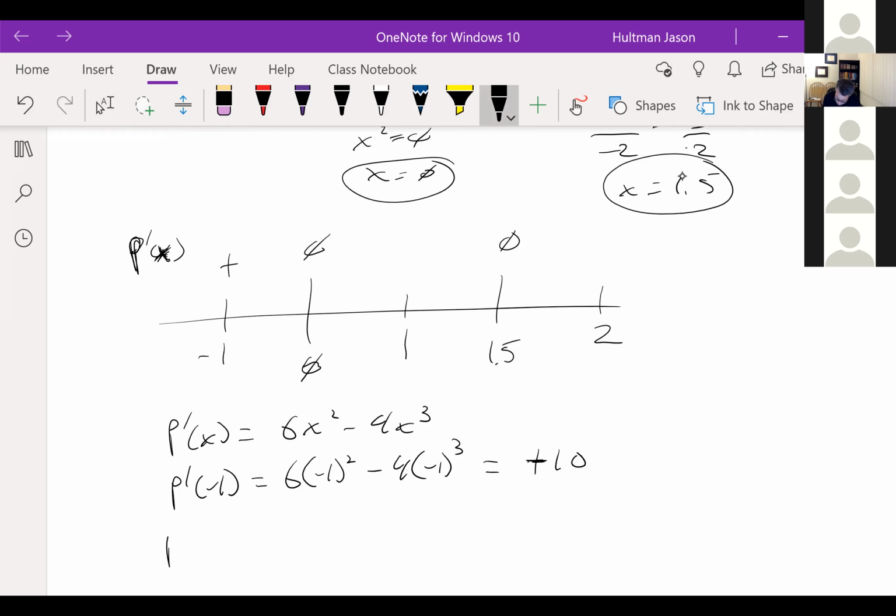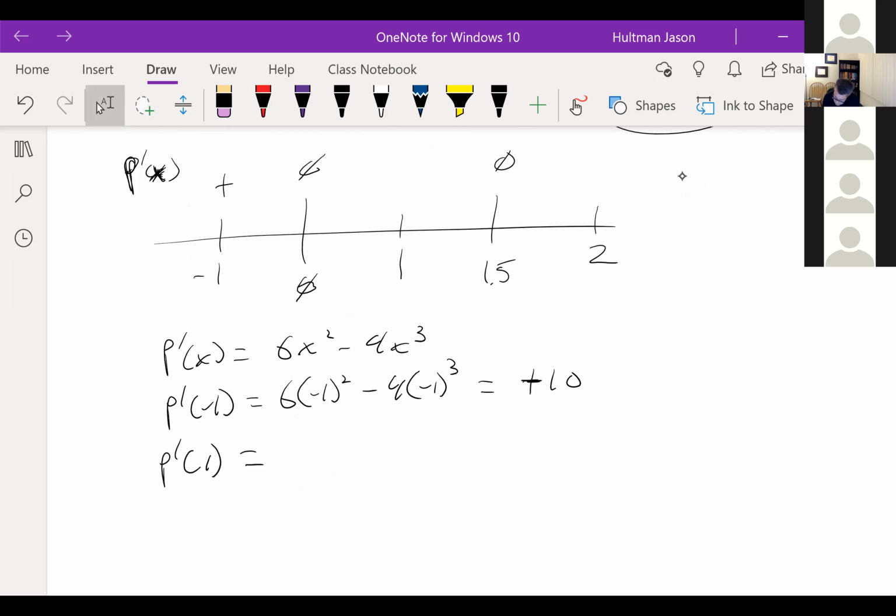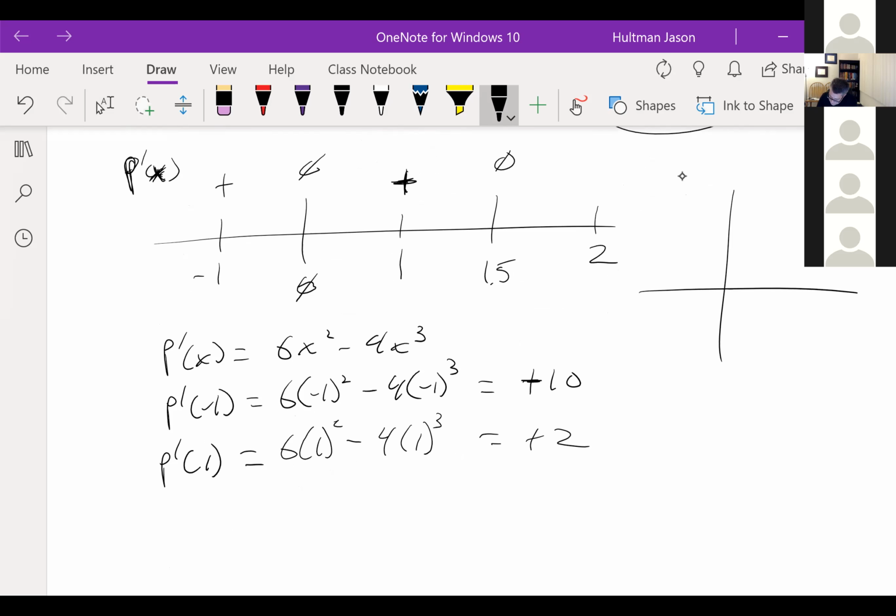Let's do p prime of 1. P prime of 1 is going to be 6 times 1 squared minus 4 times 1 cubed. Well, that's just 6 minus 4, which is positive 2. There was no change. So if you look at this graph, at 0, we were at 0.